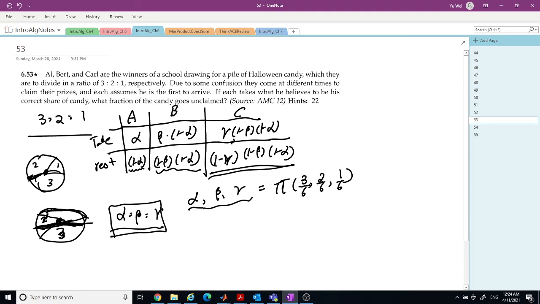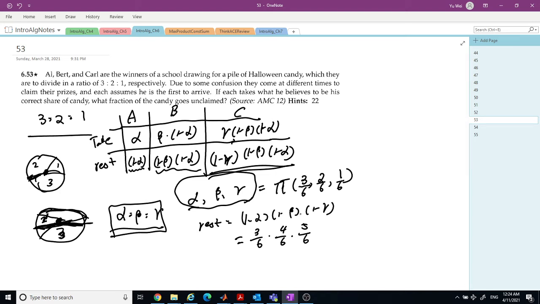So they should be fractional numbers. Now you have the final: the rest of the pieces is equal to 1 minus alpha, 1 minus beta, 1 minus gamma, which is 3 over 6 times 4 over 6 times 5 over 6. So this is how you get it. It is equal to 5/18.